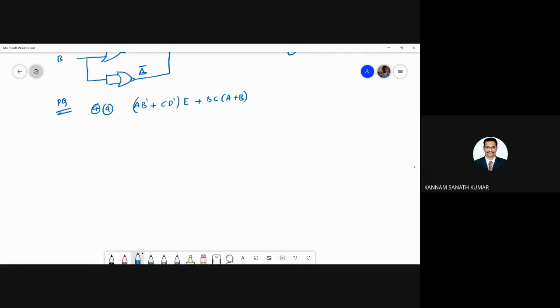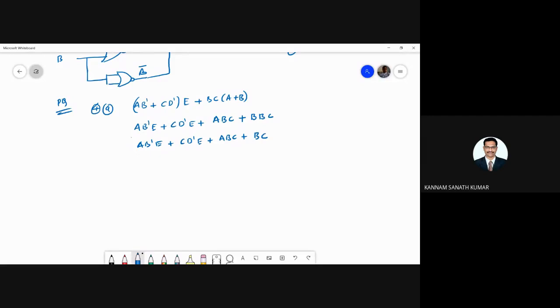You can apply the distributive property, so that we get AB dash into E plus CD dash into E plus ABC plus BC.